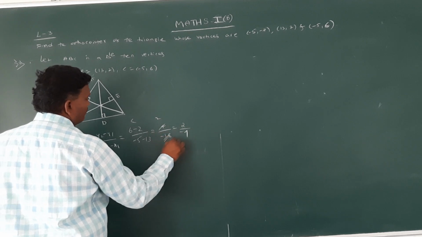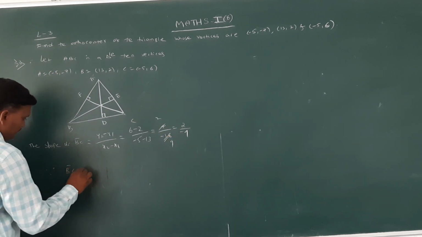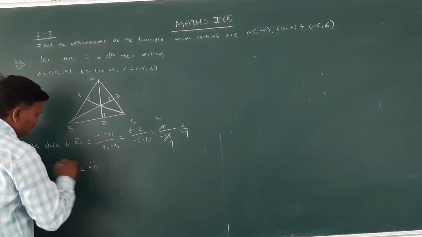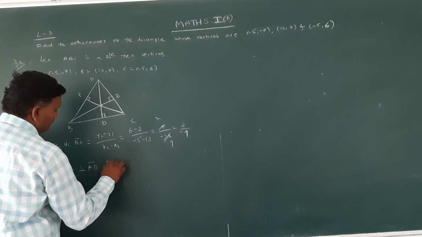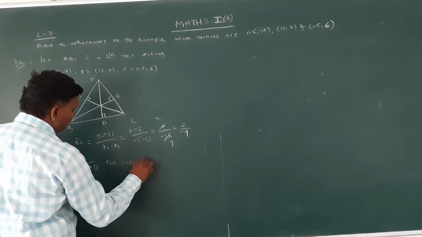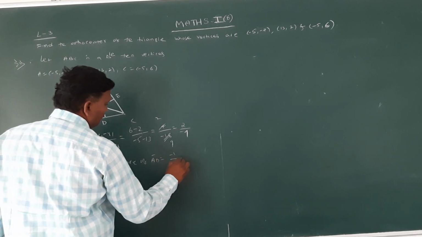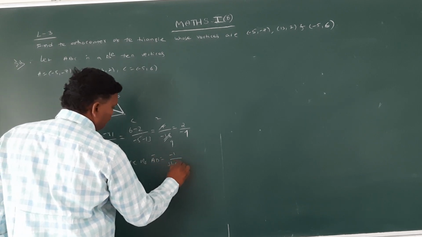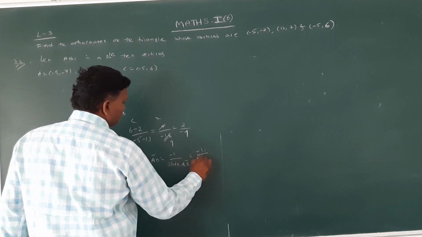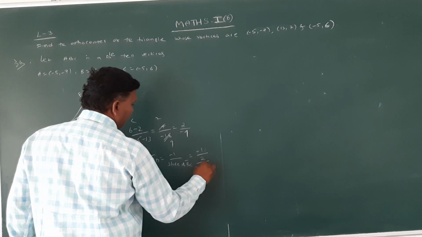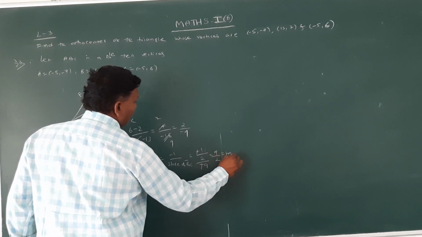Since BC is perpendicular to AD, the slope of AD is equal to -1 by the slope of BC, which is 9 by 2.